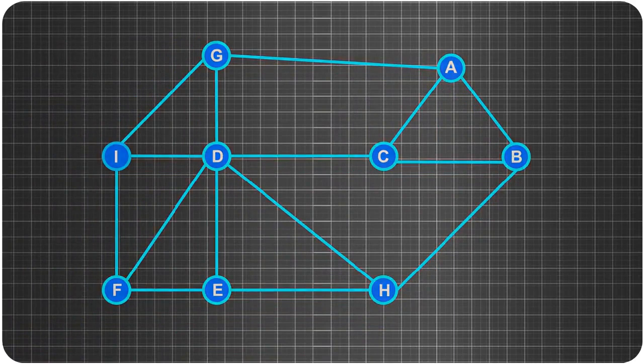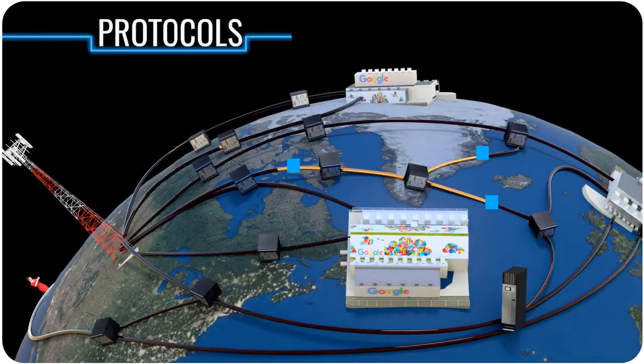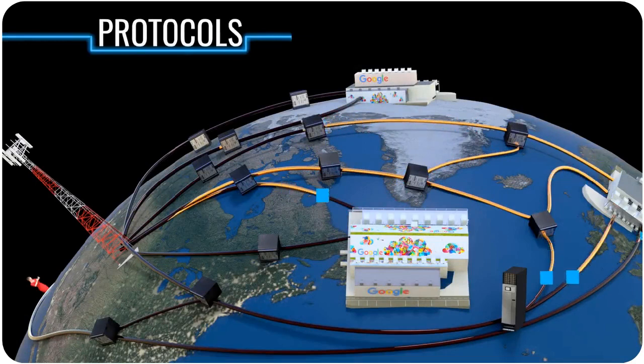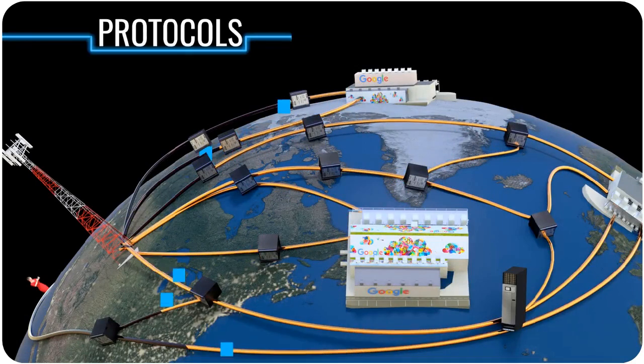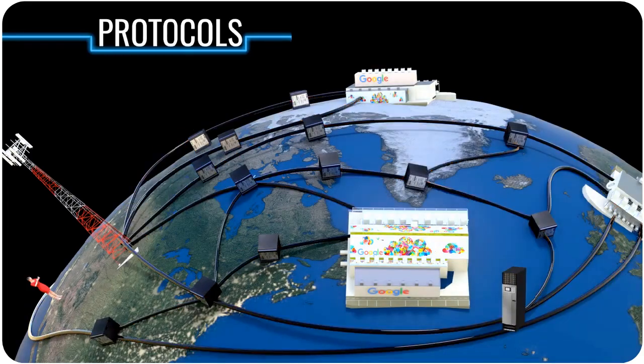The algorithm we saw is implemented in a network with the help of protocols. Applying the flooding operation to the entire global network is an almost impossible task. The protocol of the link state routing algorithm is known as OSPF.